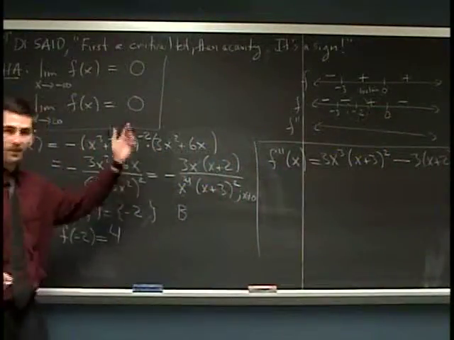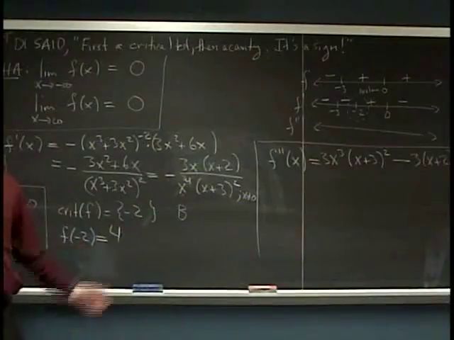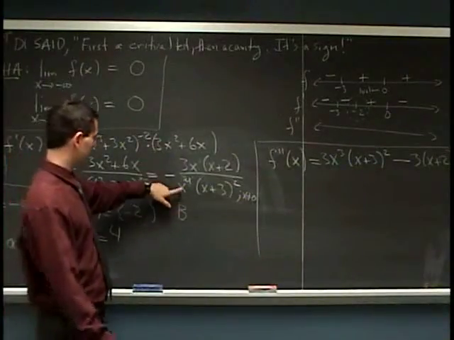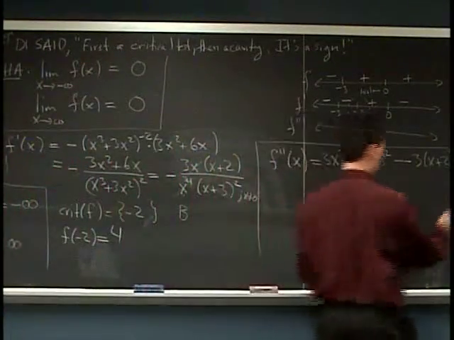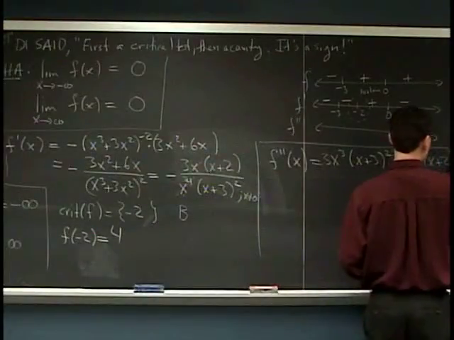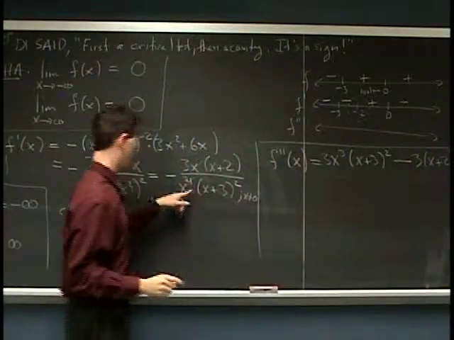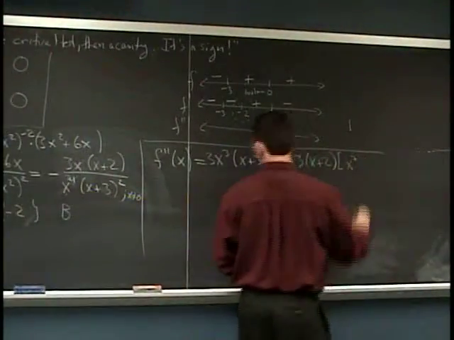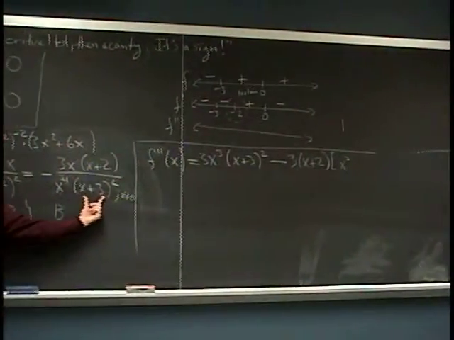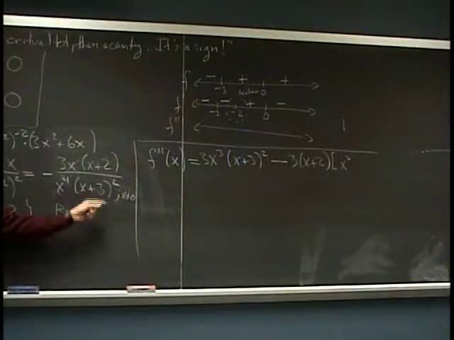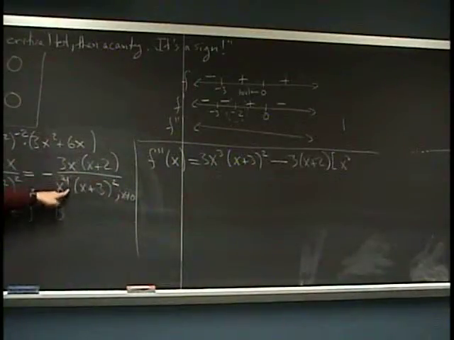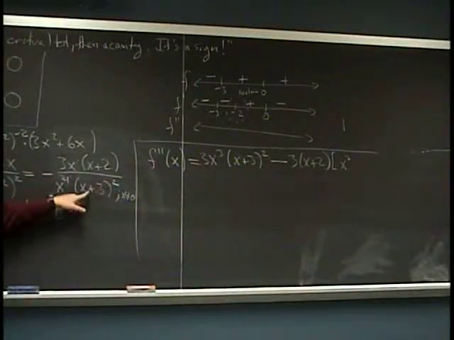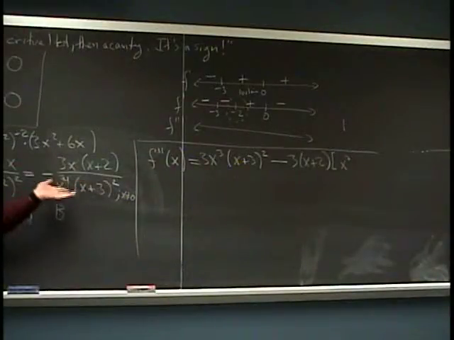Now I have to use the product rule. I can hold the x cubed and then multiply by the derivative of x plus 3 squared, which I use the chain rule for: 2 times x plus 3 to the first times the derivative of x plus 3, which is 1.